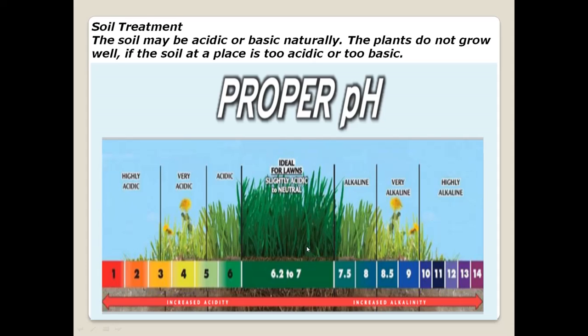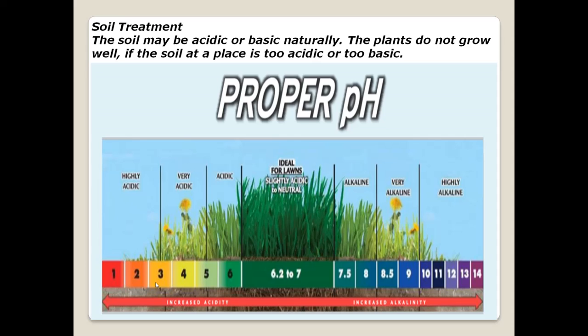So soil requires a neutral pH of around 6.2 to 7. Here is a pH paper that indicates the pH of the particular soil or any other substance. This pH paper also acts as an indicator.